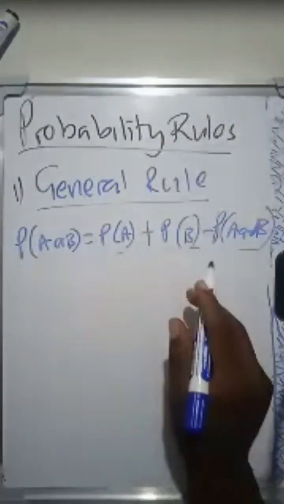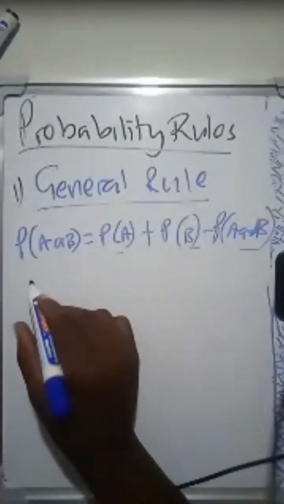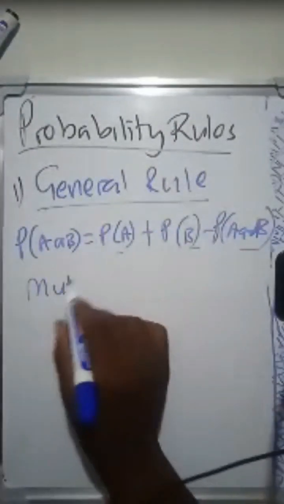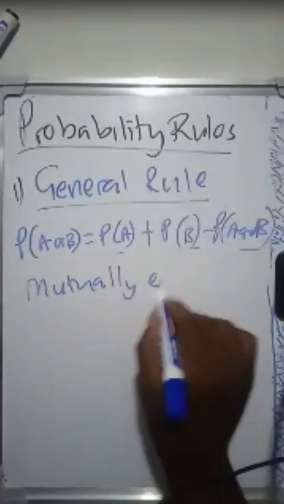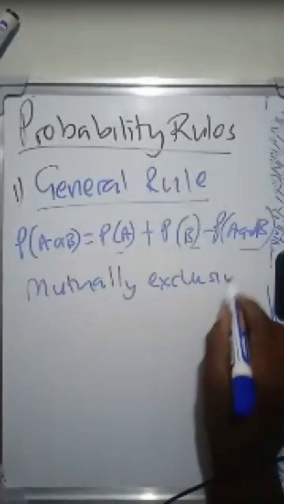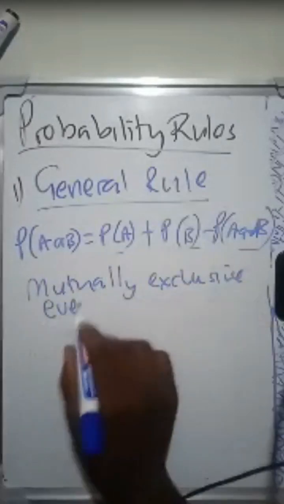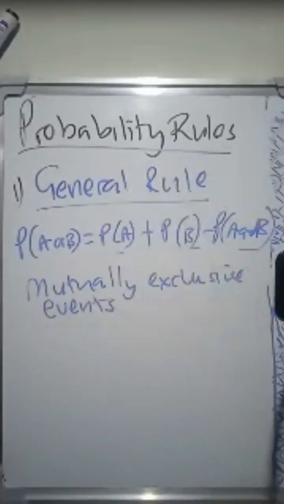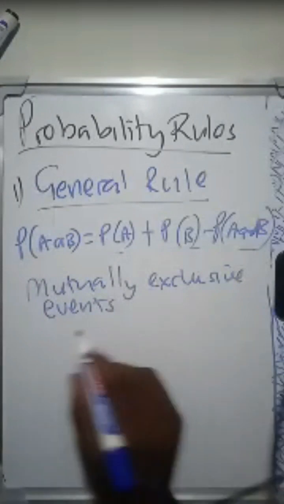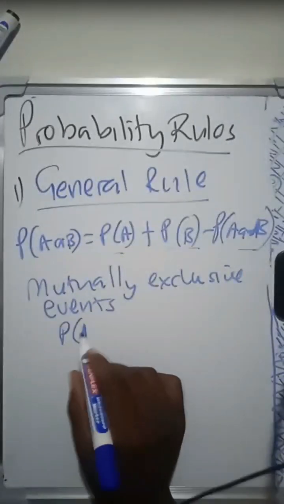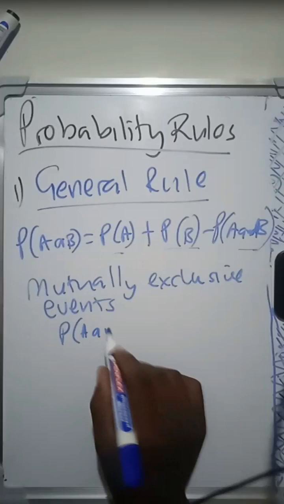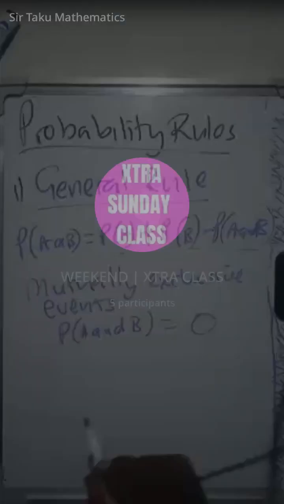But for mutually exclusive events, remember we said mutually exclusive events are events that do not have common outcomes. So it means the intersection is 0. Therefore, the probability of the intersection is equal to 0.